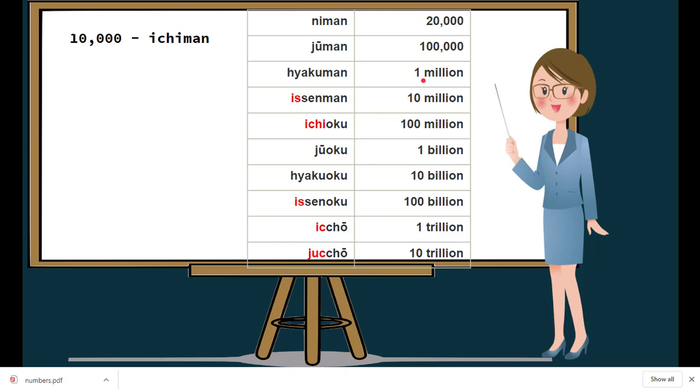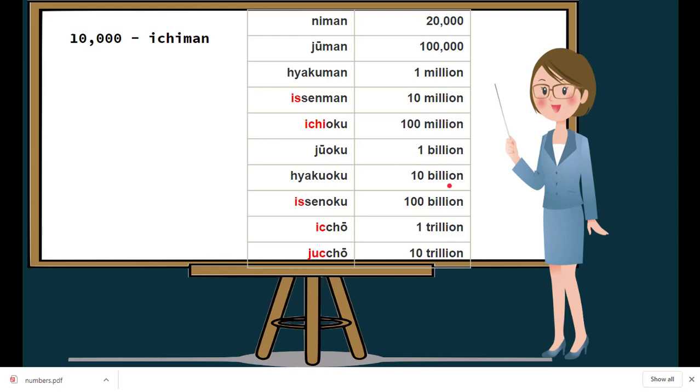For 1 million, it is hyakuman. For 10 million, it's issenman. For 100 million, it's ichioku. For 1 billion, it's jūoku.